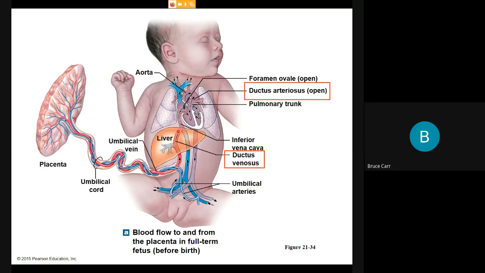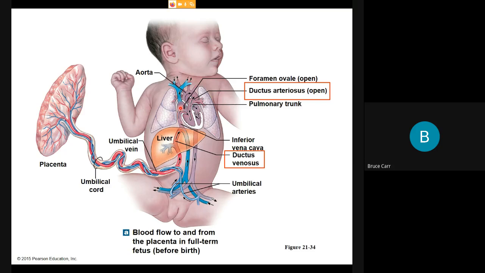So the oxygenated and nutrient-rich blood is flowing in through the umbilical vein, the ductus venosus, which is, by the way, strictly a fetal, a gestation tissue, and up through the inferior vena cava into the right atrium.